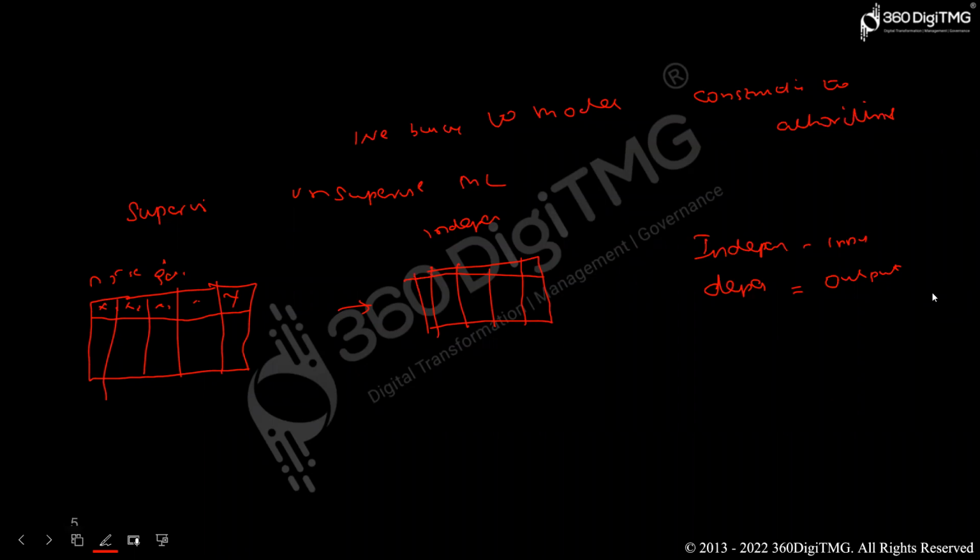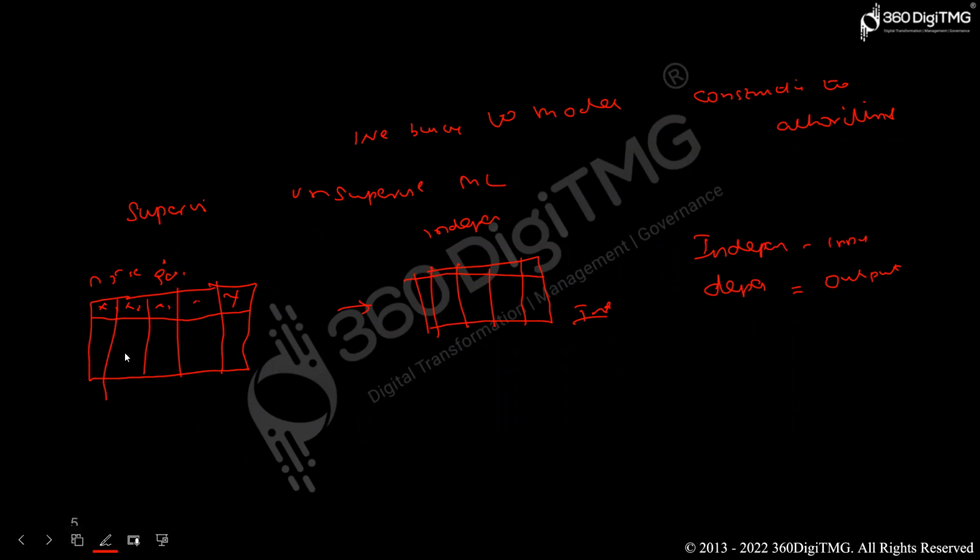Got it? Any output or dependent variable relies on the independent or input variables. So that is called output or dependent variable. So we have two types, supervised machine learning and unsupervised machine learning.